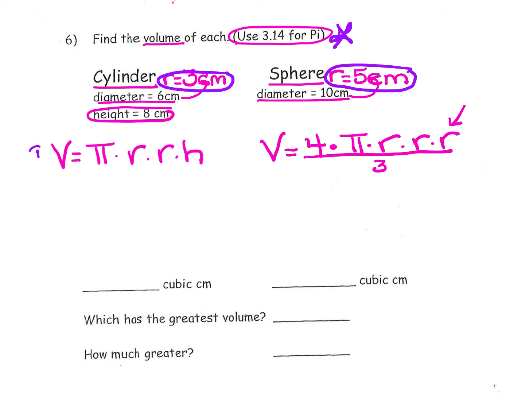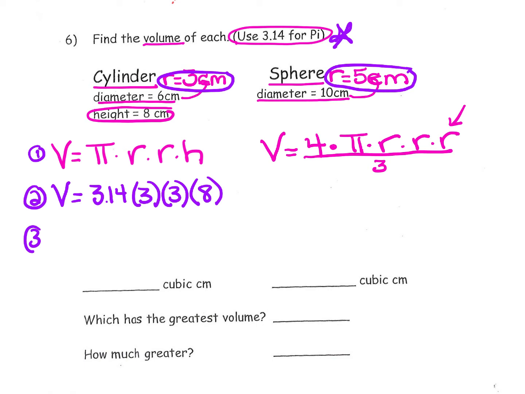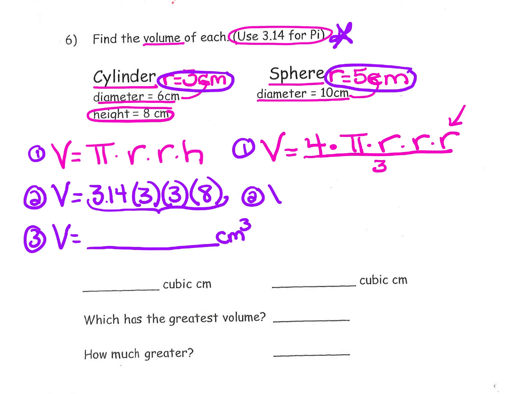Now, step 1, of course, is the formula, but now it's time to substitute. V equals 3.14 times a radius of 3 times a radius of 3 times a height of 8. In a moment, you will pause your video and multiply to get the volume of the cylinder in centimeters cubed. As far as the sphere goes, let's substitute.